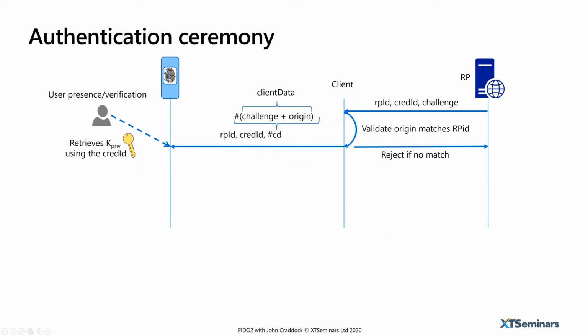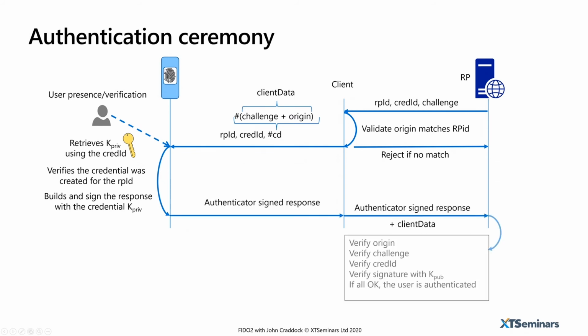Having done that, we retrieve the private key using the credential ID. We can also verify the credentials created for the particular relying party. Then we can build and sign the response, which gets sent back and can be verified by the relying party. That completes the whole cycle.